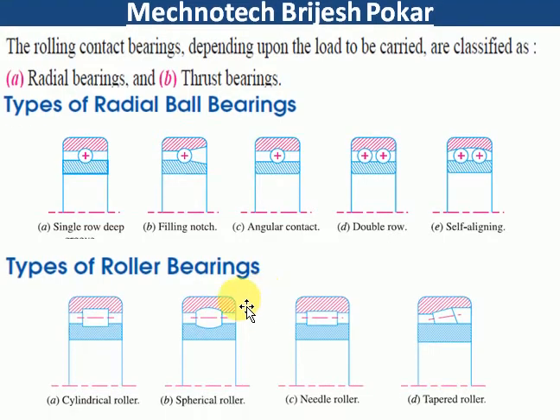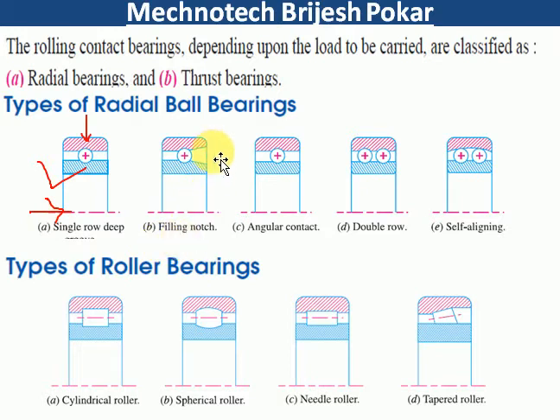So first one is single row deep groove ball bearing. A single row deep groove ball bearing is used to provide for radial as well as axial load. Okay, so here a ball is provided, and it can sustain radial as well as axial thrust load.